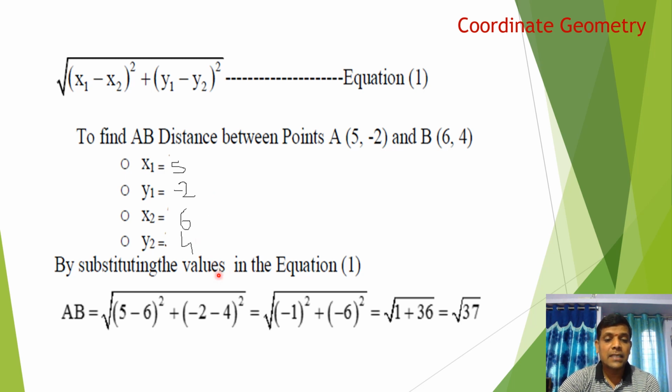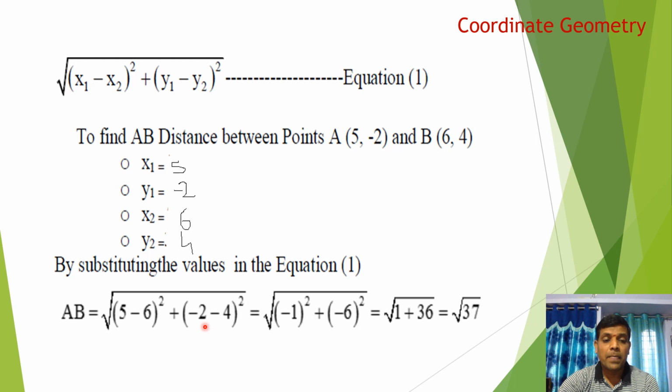This is written as 5 minus 6, so 5 minus 6 equals -1. So (5 minus 6) whole square means (-1) whole square, plus -2 minus 4 we get -6, so (-6) whole square.